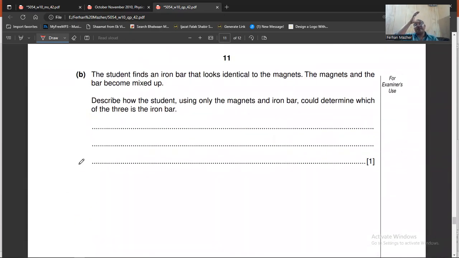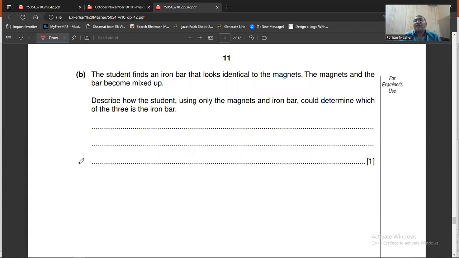Question number 4B part. It says the student finds an iron bar that looks identical to the magnets, and the bar magnets are mixed up. Describe how the student, using only the magnets and iron bar, would determine which of the 3 is the iron bar. The bar whose both ends are attracted to all the ends of the other bars is iron.